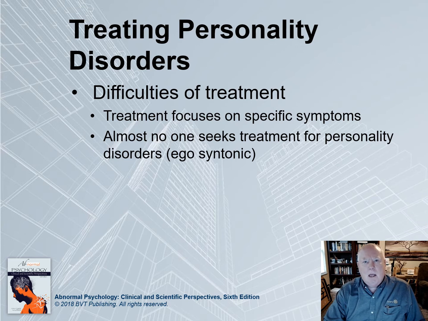So in general, we rarely treat personality disorders. And quite frankly, clients with personality disorders rarely want to be treated. So except for a couple of instances, I won't be talking about the treatment of these disorders. One, there's not a lot of research on it, and two, in general, there's not a lot of demand for it.